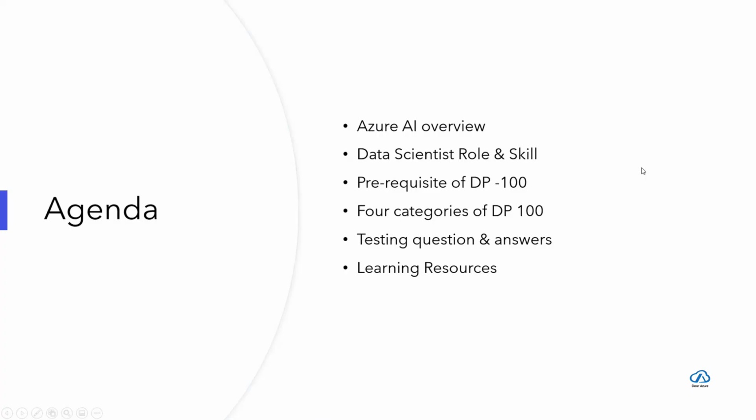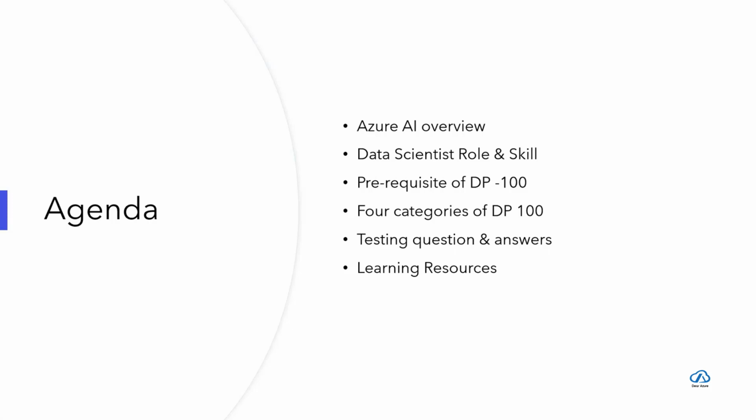If I talk about today's agenda, we'll talk about Azure Machine Learning tools and what we have. For the data scientist, what are the roles and skills you will need? The prerequisite of DP100. There are four categories in DP100, and we'll talk about them in four different sections.